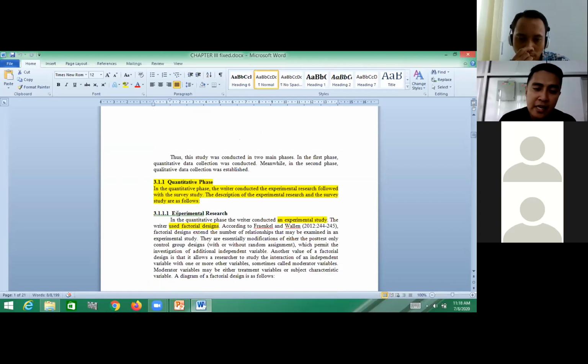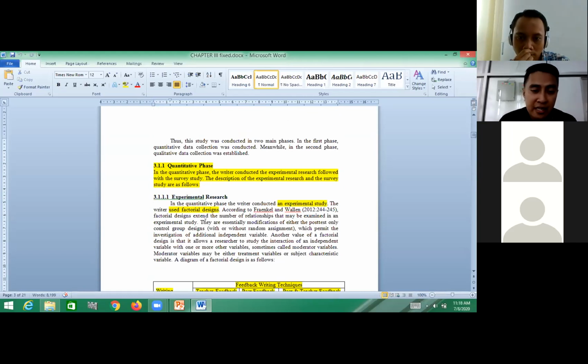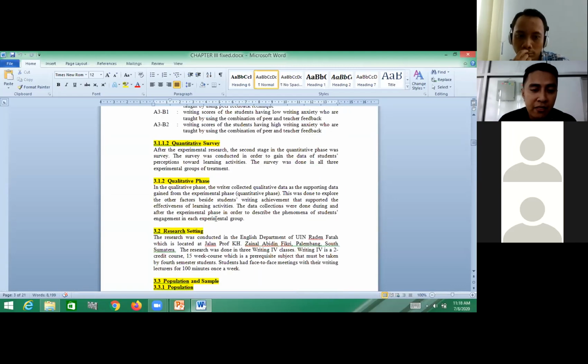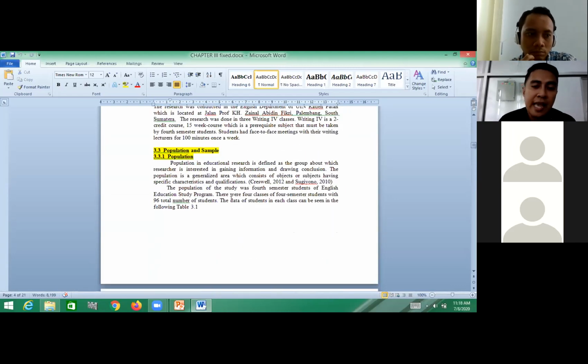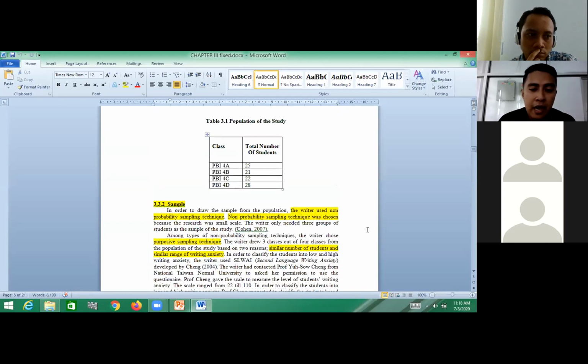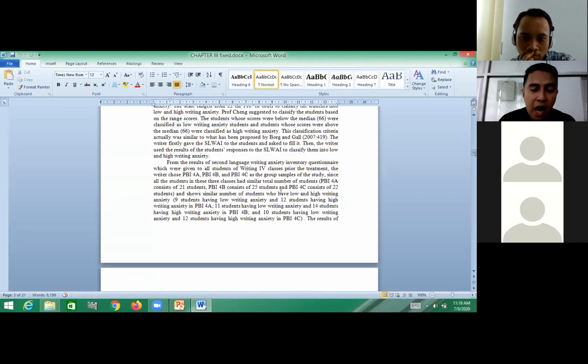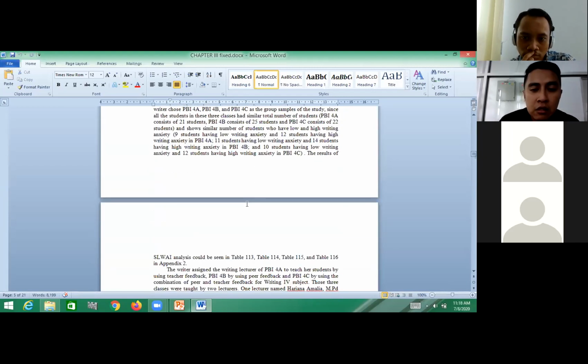For the quantitative part, I use experimental research, with a factorial design like this. And the research setting, population and sample, and my sampling technique must be clear. I will share it with you if you need it.